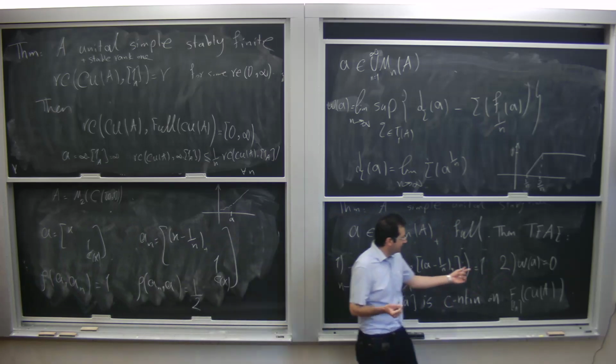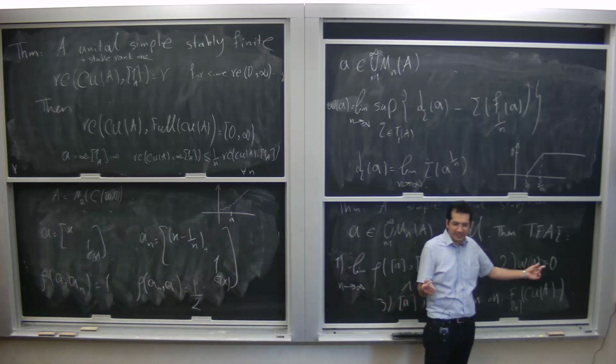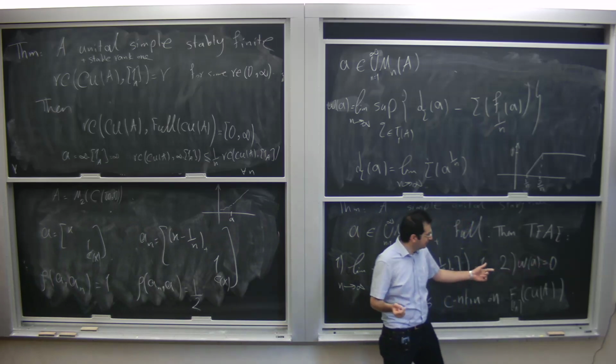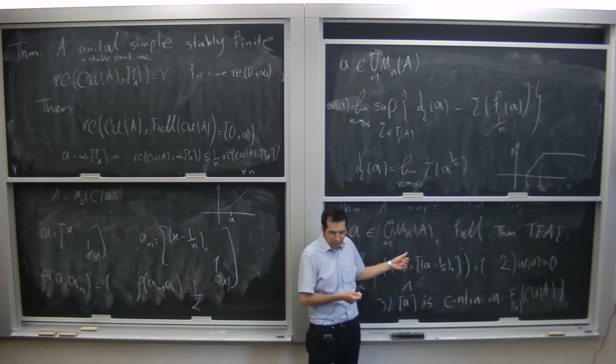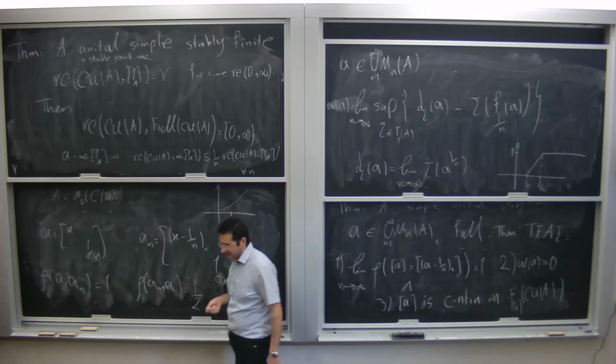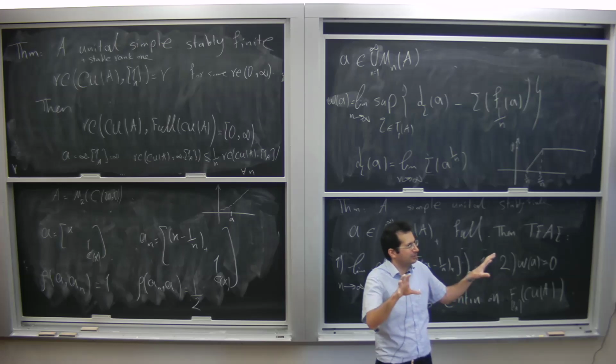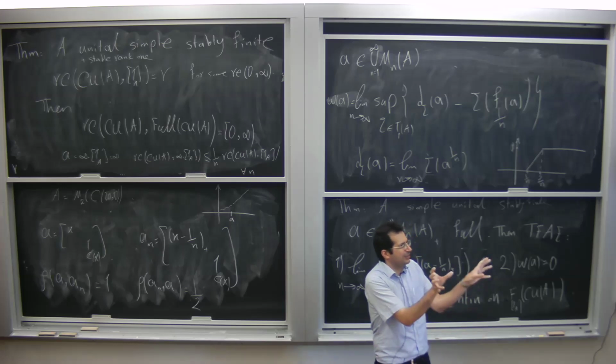Zhuang is saying that when this oscillation is 0, it means that it's uniformly small around 0. And when it is uniformly small around 0, therefore the ratio should be equal to 1. So therefore, you can discuss the radius of comparison relative to those elements.